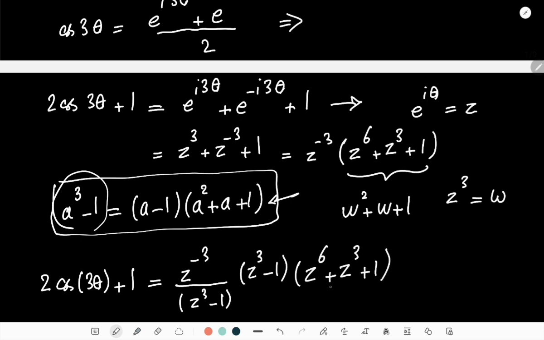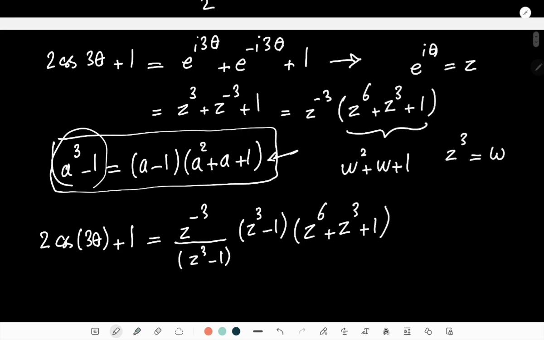But according to this algebraic identity, which I put in the rectangle for you, this can be written as z to the power of minus 3 times z cubed to the power of 3, which is basically z to the 9 minus 1, divided by z cubed minus 1.